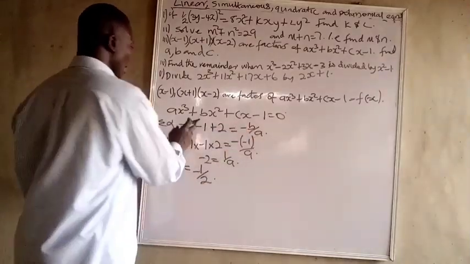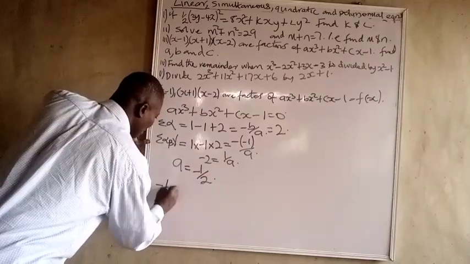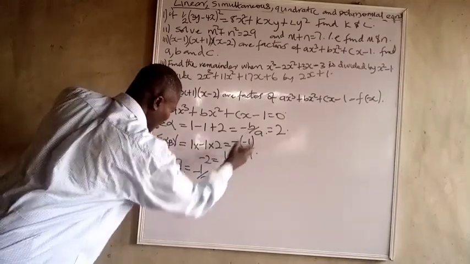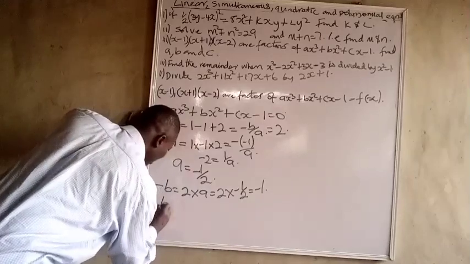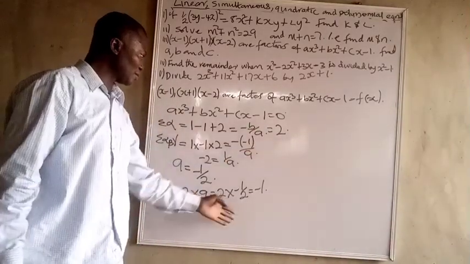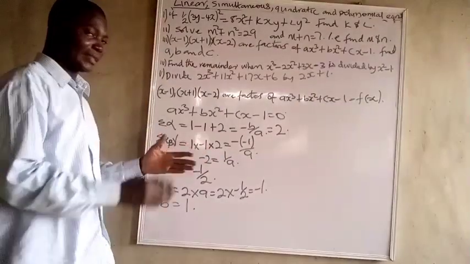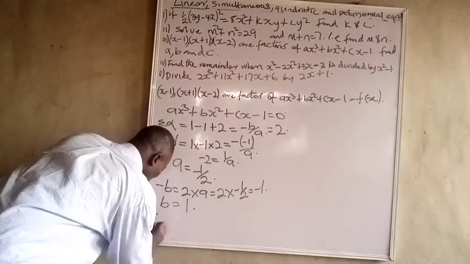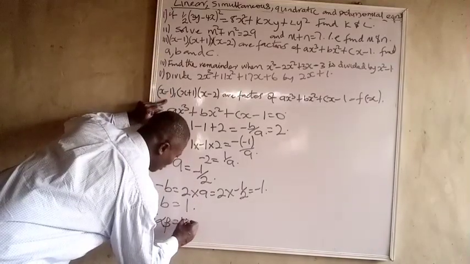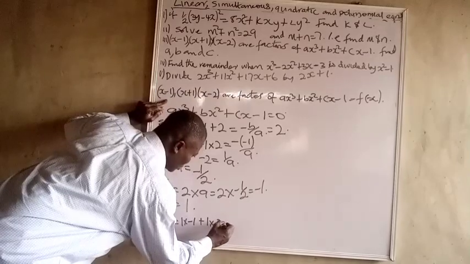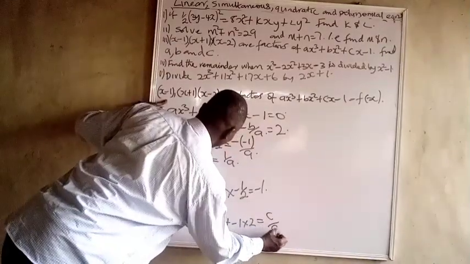So here again, I have the sum to be 2. Which means that minus b is equal to 2 times a. This is 2 times minus half, minus 1. So b is equal to 1. So we have found a, we have found b, and now we can find c. That is the sum in pairs, summation alpha beta, which is equal to 1 times minus 1 plus 1 times 2 plus minus 1 times 2, which is equal to c over a.